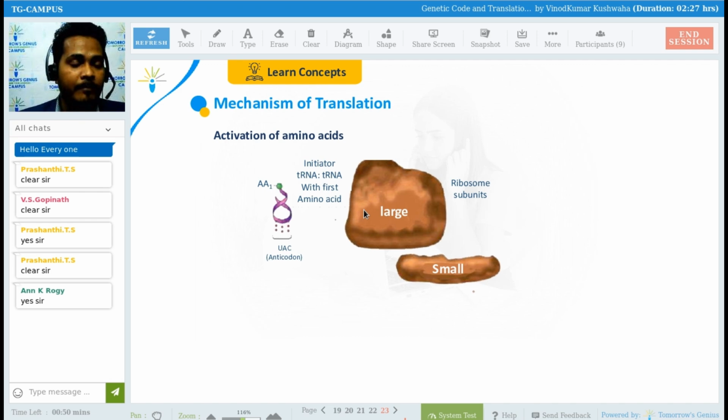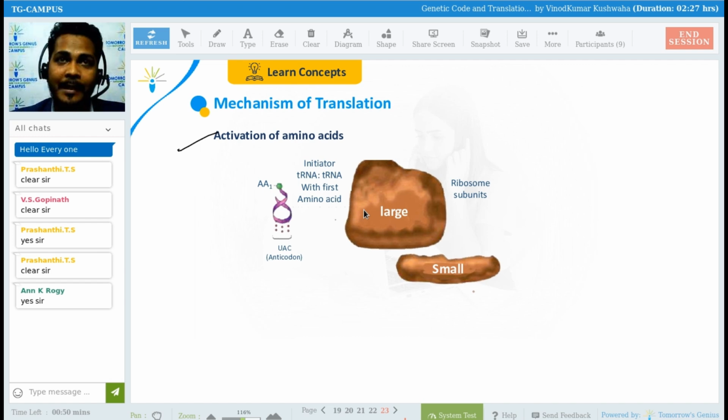The very first mechanism of translation is activation of the amino acid. So how is it activated?